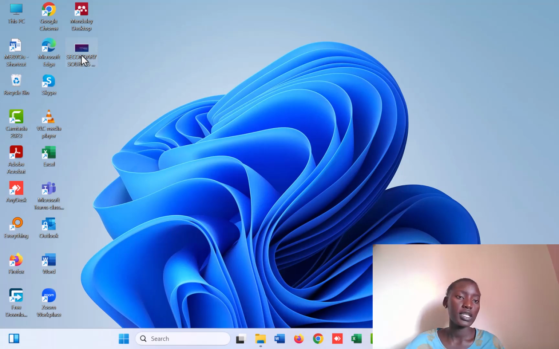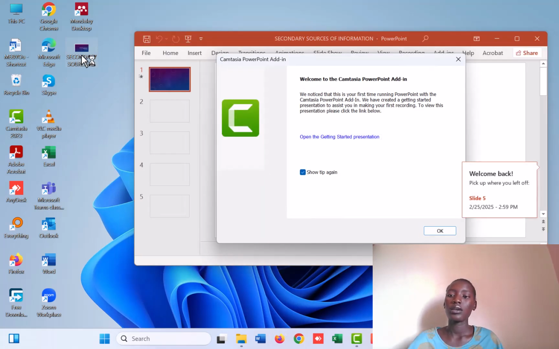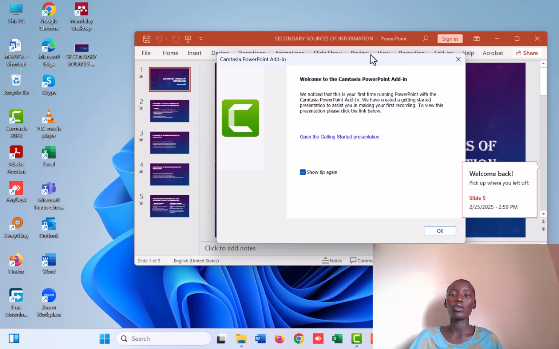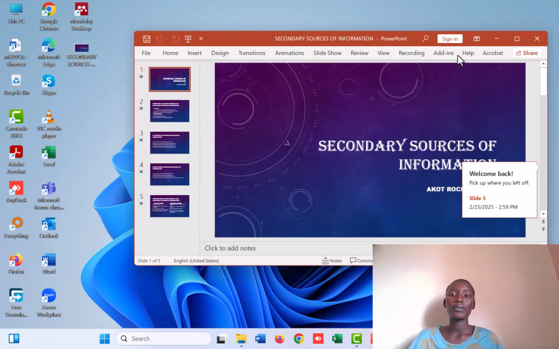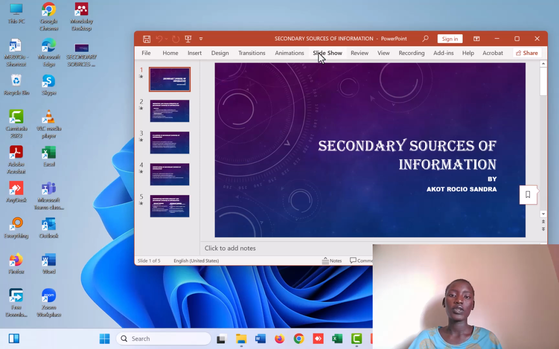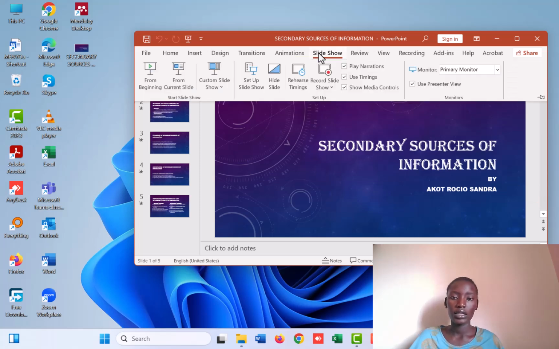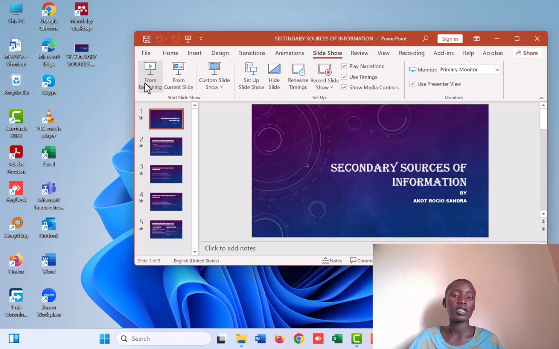As we are going to see in this presentation, which is presented in the form of slides, to get an insight of what we are talking about, the secondary sources of information.